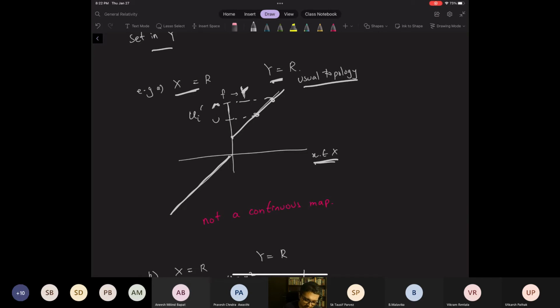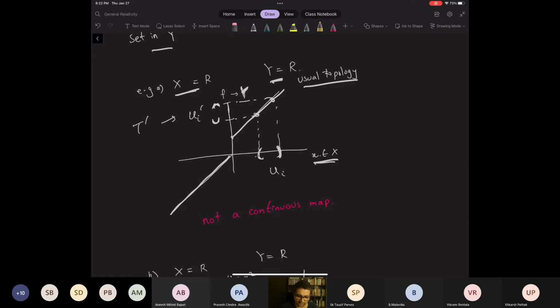So this is UI prime, which is some subset of Y, or something that belongs to T prime in Y. This is an open set. Let me take the inverse image of it, that would correspond to this region in X, and you can see that this is also an open set which belongs to the topology of X.